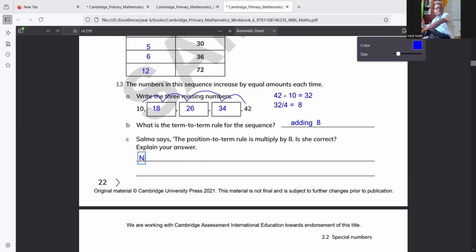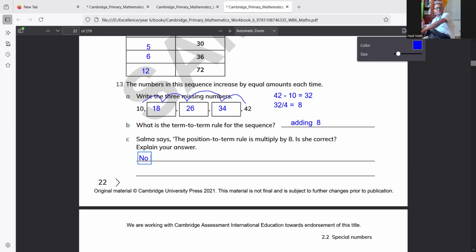No. Before you say no, how do you know to say no even? Go see the 10. 10 is the first position. So first position means 1. 1 multiplied by 8 does not give you 10. And 2 multiplied by 8 does not give you 16. That's why when you say position to term, the first term is 1, you should multiply by 8 to give you the first term.